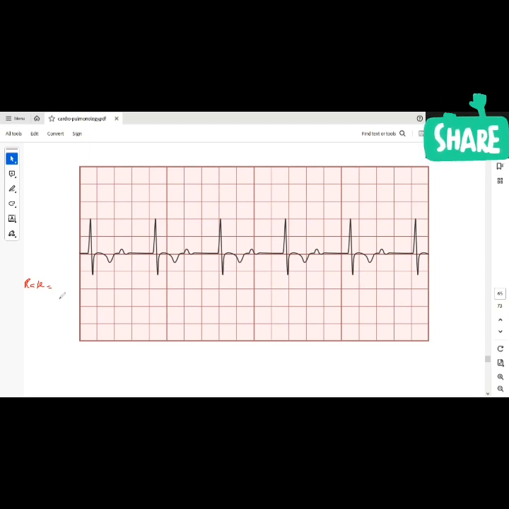Tell me if that's a normal rate or not. How many big boxes falls within normal rate for analysis? 3 to 5. So being 4, is this normal rate or not? Normal. So I don't really need to say the number, but I can just say, okay, this is normal just because it's within 3 to 5.